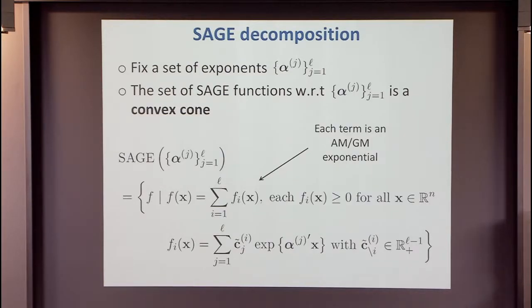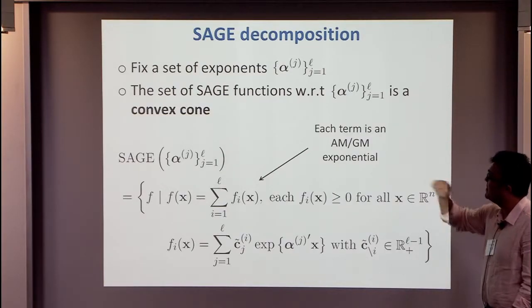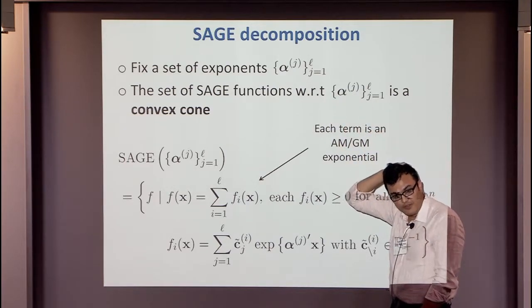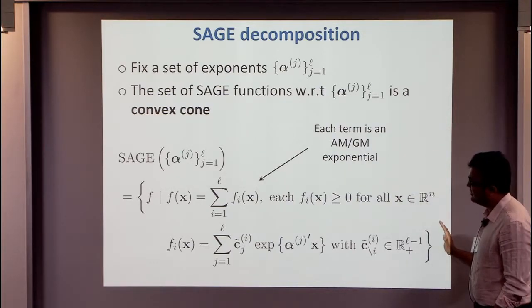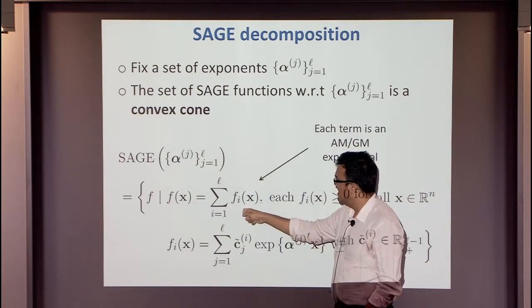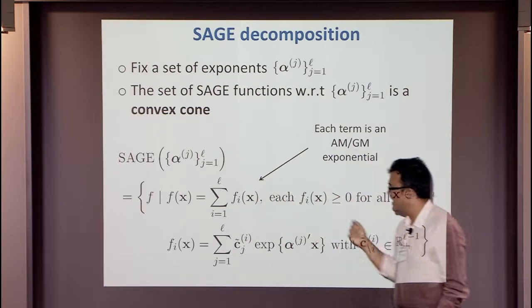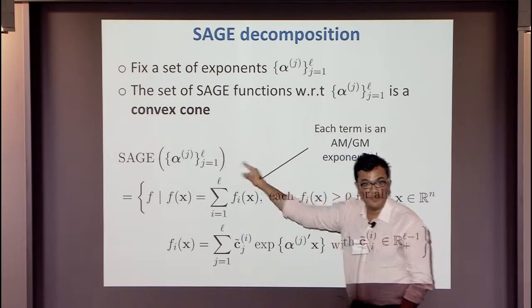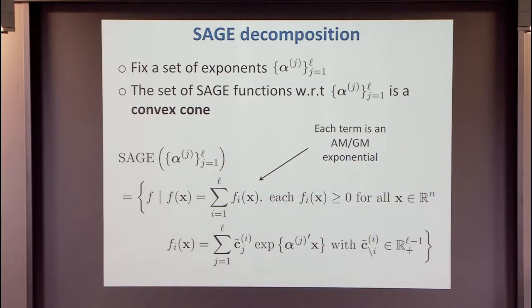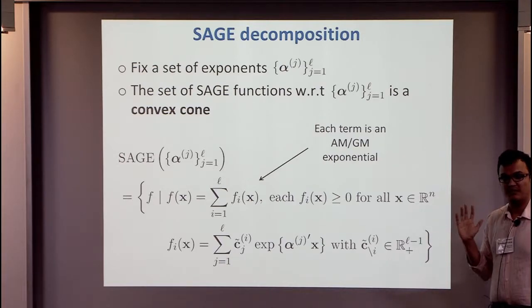Okay, so formally, relating very much to the point that was brought up, let's now fix a set of exponents. The set of SAGE functions with respect to these exponents is a convex cone, and that set is described as follows. It's all functions written in this way. Notice that the number of terms here is exactly equal to the number of exponentials, and each f_i is going to be an AMGM exponential, where the ith coefficient is allowed to possibly be negative.